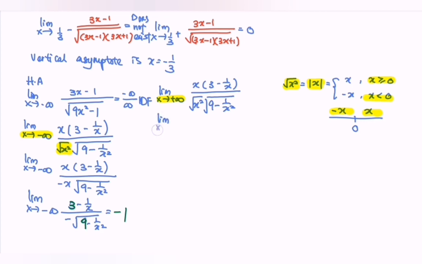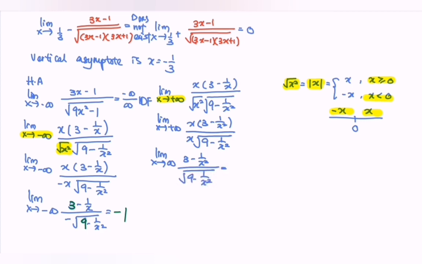Limit when x approaching positive infinity, we have 3 minus 1 over x over the square root of 9 minus 1 over x squared. So the value of y will be approaching 1. Horizontal asymptotes: y equals negative 1, y equals 1.